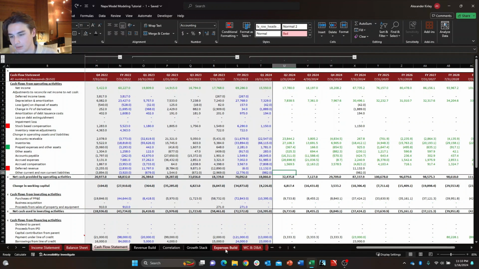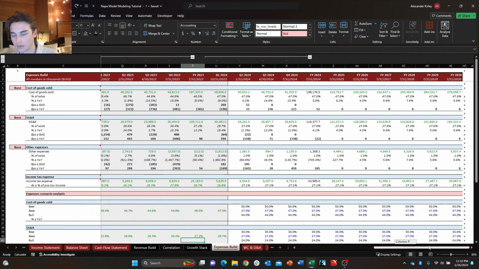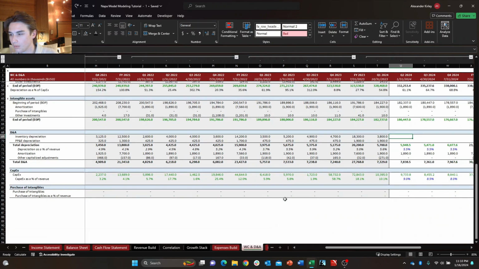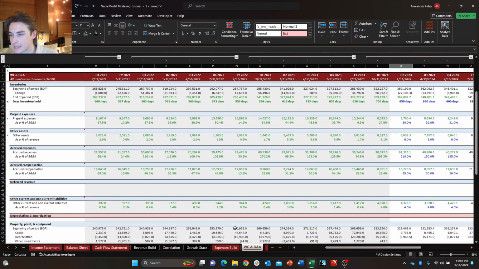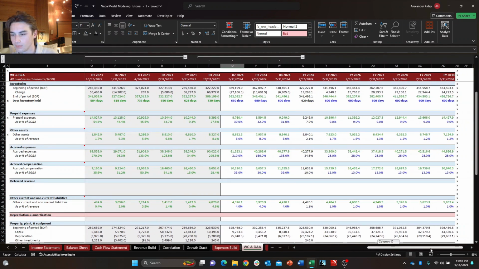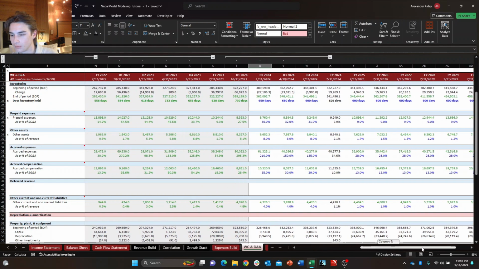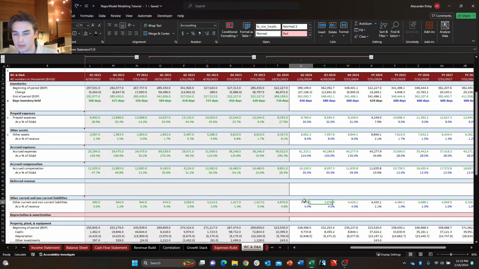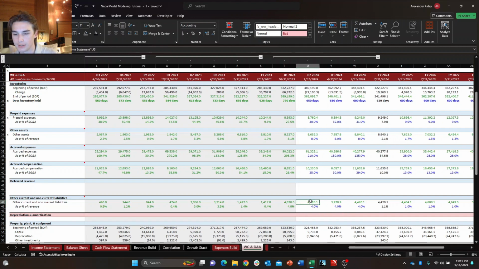So what we're going to have to do here is come to our working capital, and we see that this is looking at our other current and non-current liabilities. However, we want to try to break them up in the best way possible.